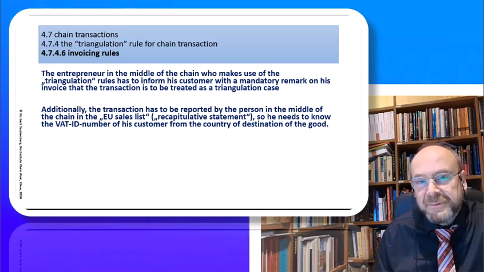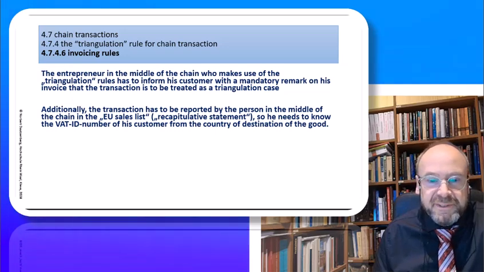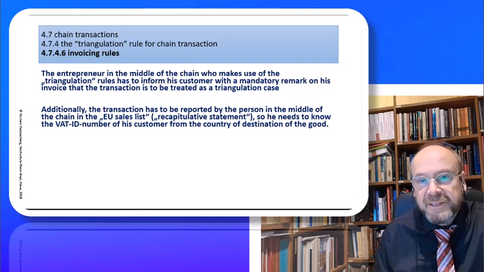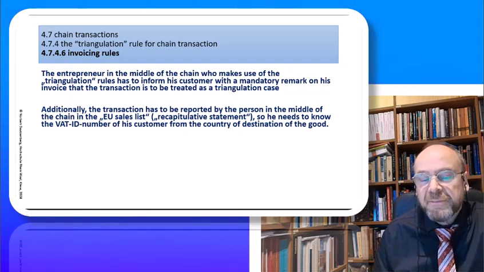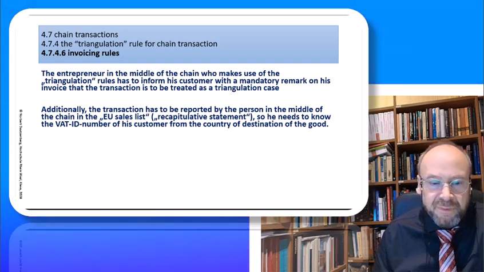Additionally, he has to notify the other fiscal authorities by the EU sales list, listing the transaction and giving the VAT identification number of his customer from the country of destination of the good.